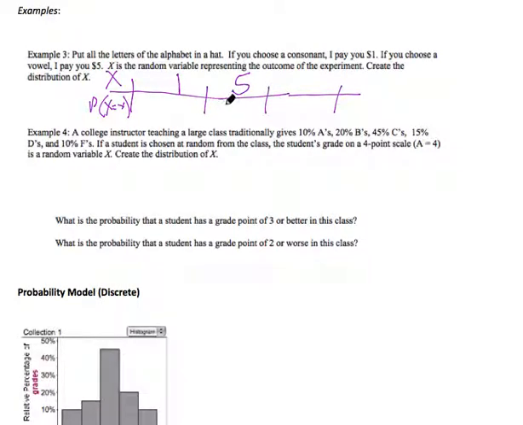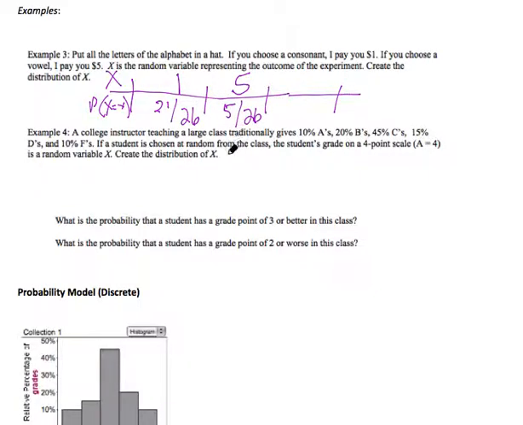Put all the letters of the alphabet in a hat, and I will pay you $1 if you choose a vowel. Well, how many vowels are there? If you choose a consonant, I'm sorry, I read that wrong. If you choose a consonant, I pay you $1. So there are 21 out of 26 consonants, and then the others are vowels.